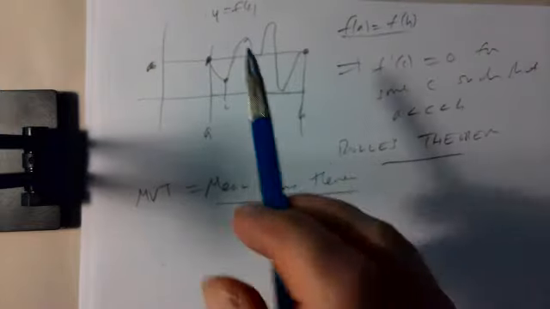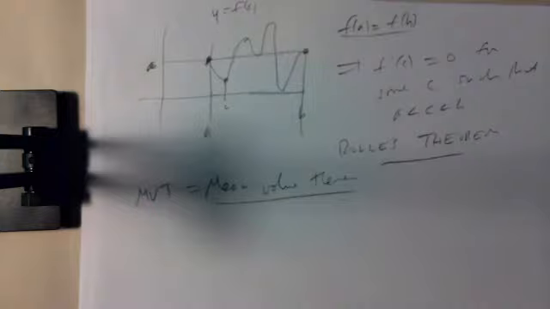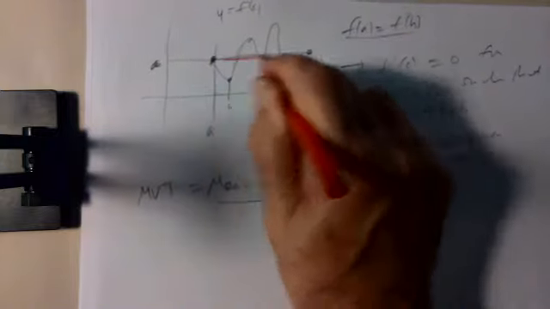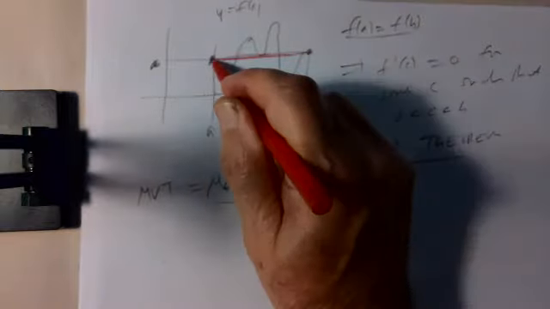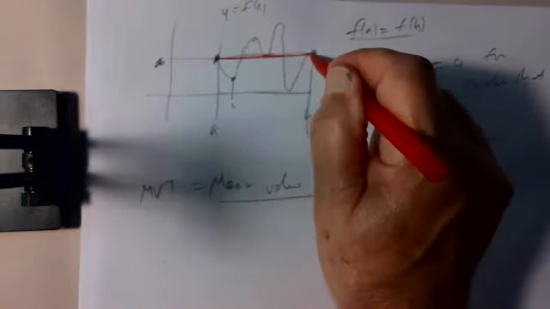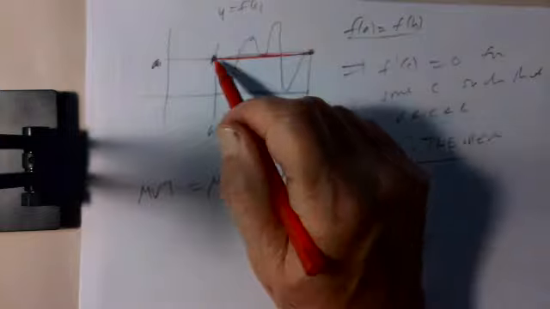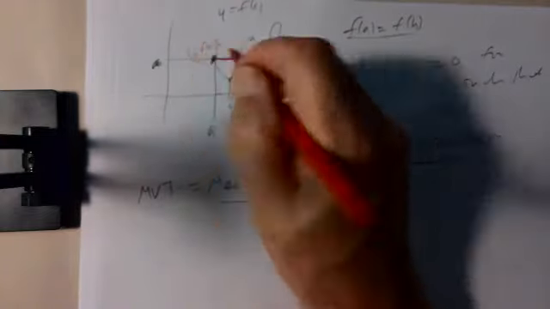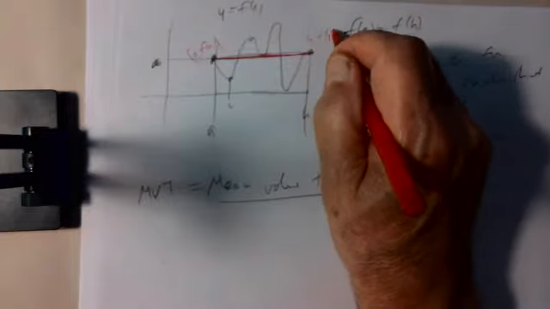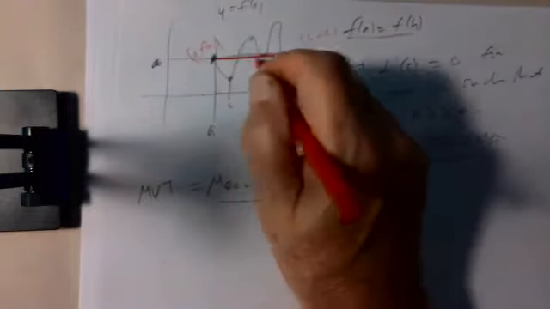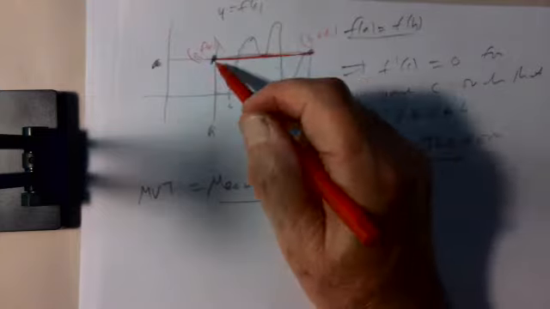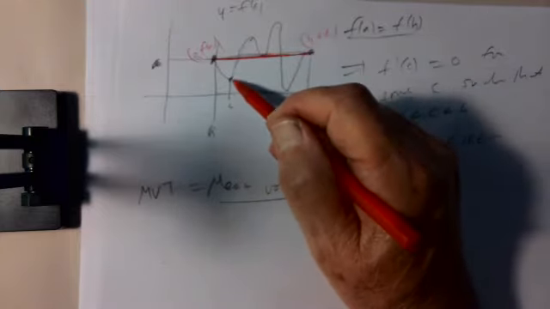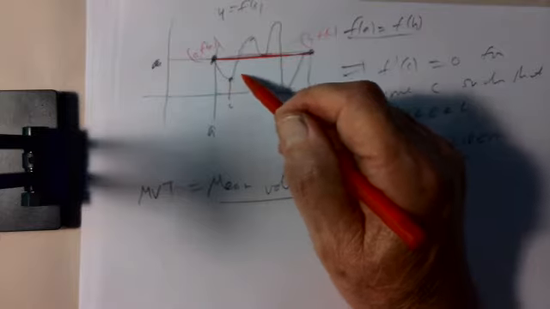One way to interpret Rolle's theorem is you have these two numbers A and B, and the straight line between A, f of A and B, f of B, is horizontal, has slope 0. And there's some point between A and B where the derivative of the function is 0.